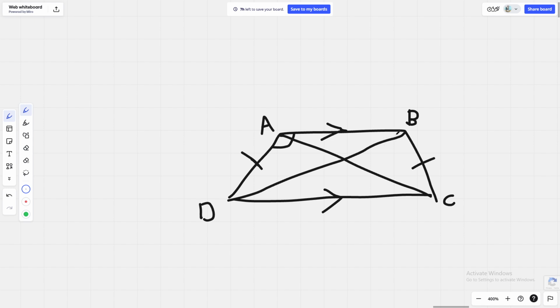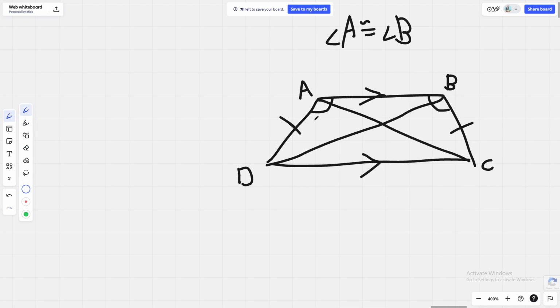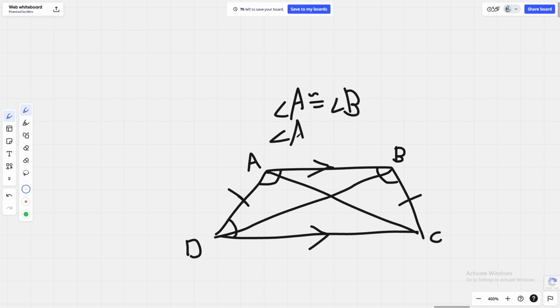Consecutive angles on the same base, so angle A and angle B, are congruent. And then consecutive angles on the same leg, angle A and angle B, are supplementary, so they add up to 180.